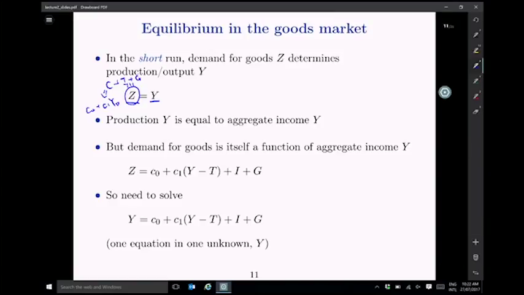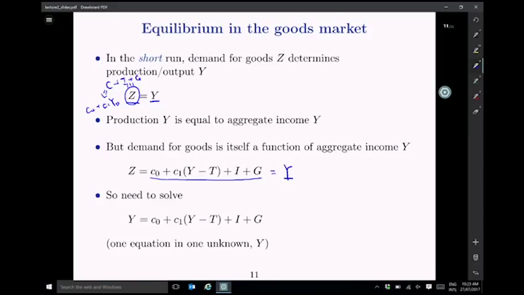And disposable income is itself aggregate income subtracted by taxes. So what we have done so far is we find out if the goods market is in equilibrium, that is aggregate demand equals output, what we have is this is the aggregate demand, right? In equilibrium, it equals aggregate output. Aggregate demand determines aggregate output, Y.